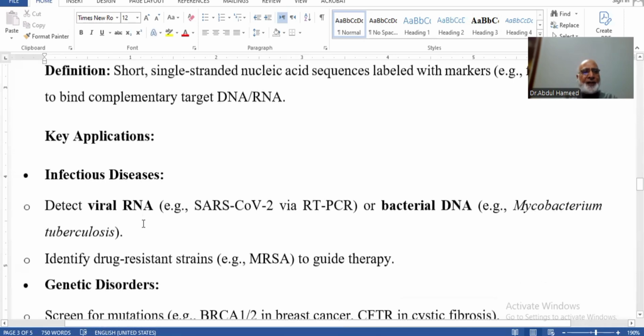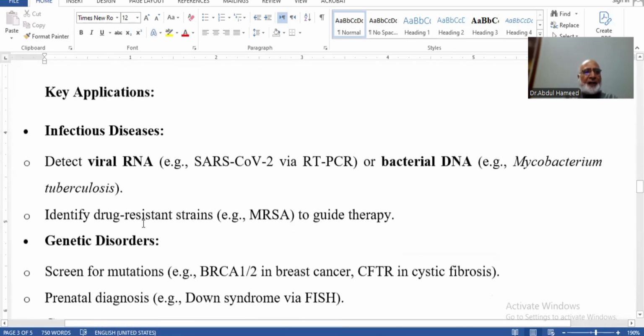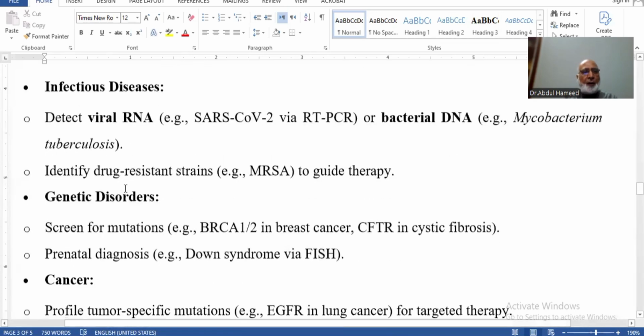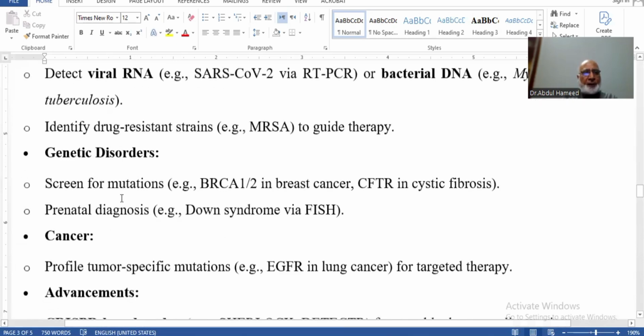So key application in infectious disease detection: detect viral RNA, for example in case of COVID, in case of SARS disease, or bacterial DNA, Mycobacterium tuberculosis, or identify drug-resistant strains, MRSA, to guide therapy. Genetic disorders: screen for mutations, for example, many genes which may cause breast cancer.